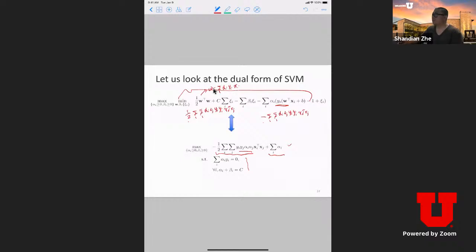Any questions? Yeah, you might have said this, but where did the j come from? Yeah, just because we have summation over i in the original optimization, so you can write W like this. It's just to avoid confusion of indices. You can write W equals summation over i, alpha i, yi, xi.